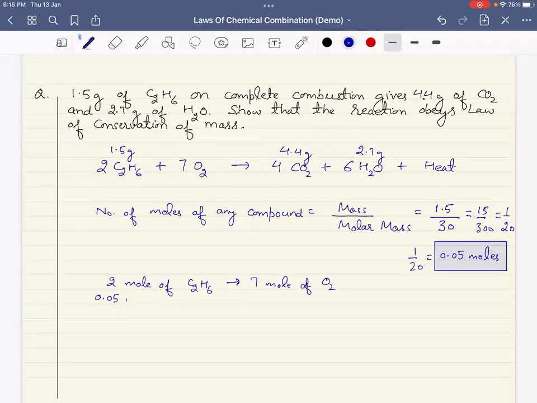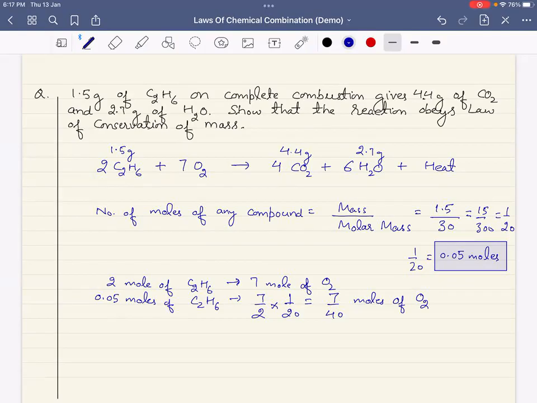So 0.05 moles of C2H6 will require 7 by 2 into 1 by 20, that is equal to 7 by 40 moles of oxygen, that is O2.